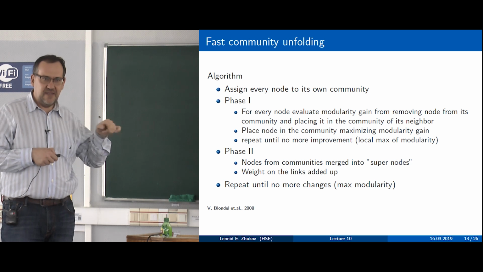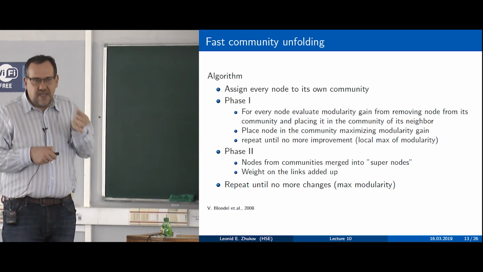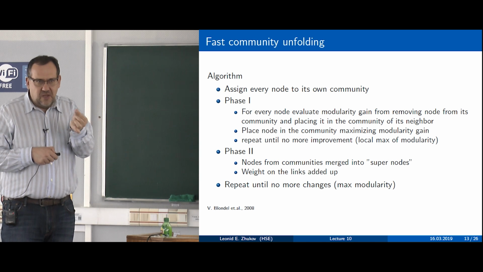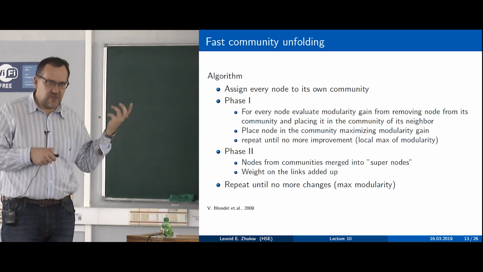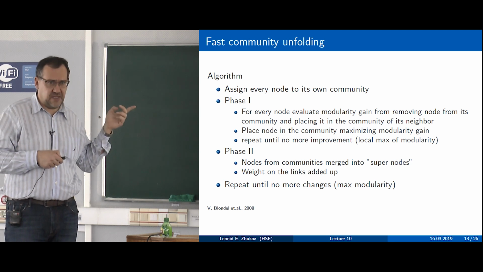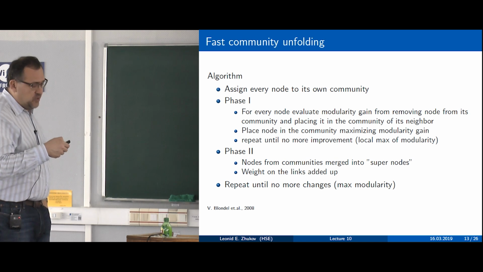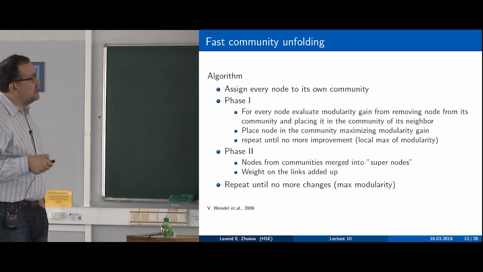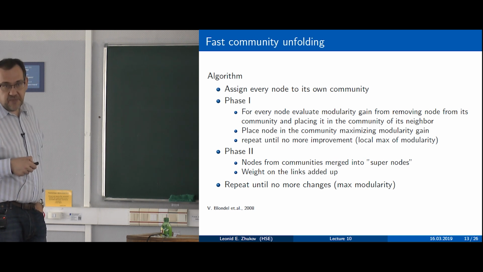But if I start from other nodes, there will already be some structure, and when I get to that point, I will have to join some other community that will be more optimal. So depending on how you start, you'll get different results, and any time you run this, you might get different results. But anyway, you repeat until no more improvement is possible, until you're literally stuck.